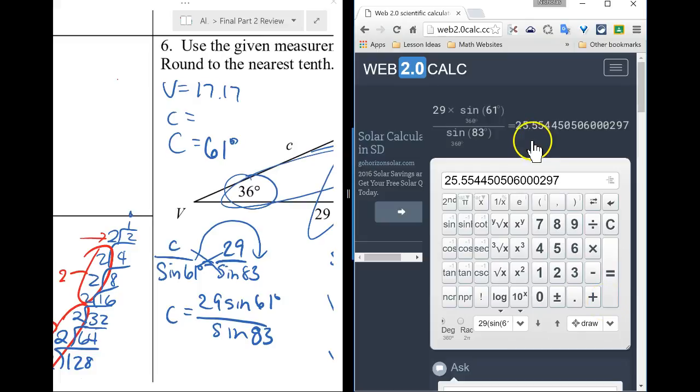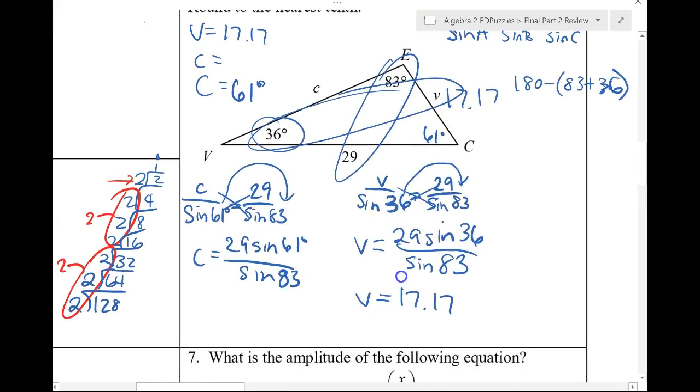And I get 25, remember round to the nearest tenth, so the tenth is at the 5. The 4 is not going to change anything. So it's just going to be 25.55. 25.55, and that's the last thing we needed to find.